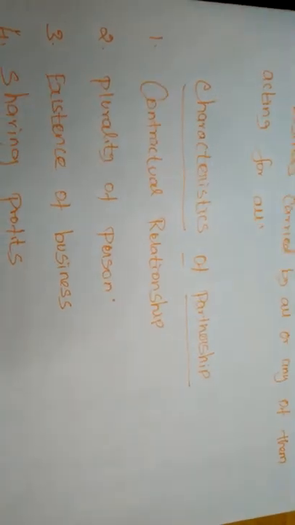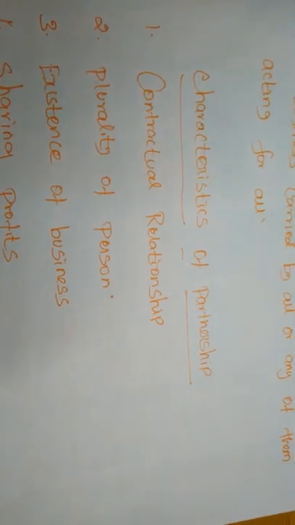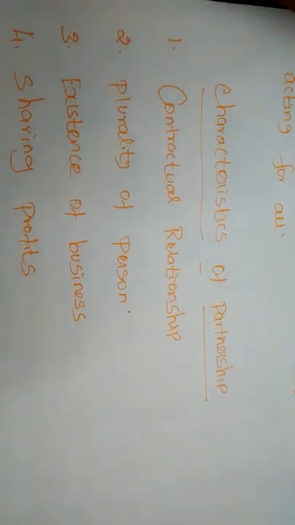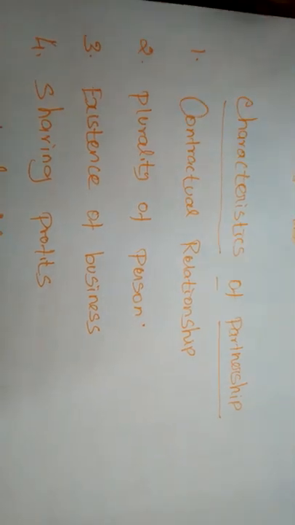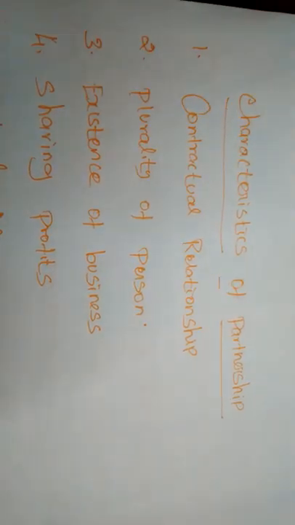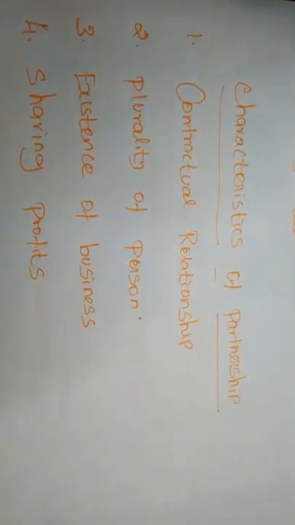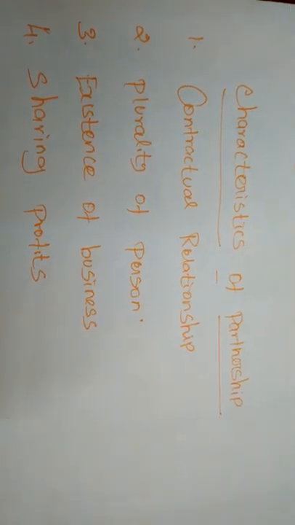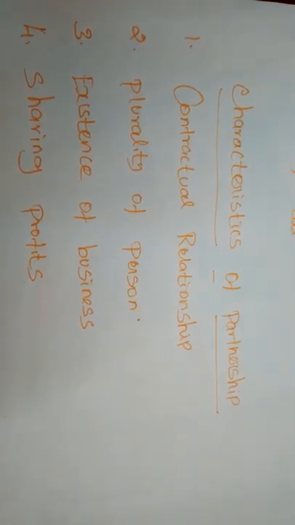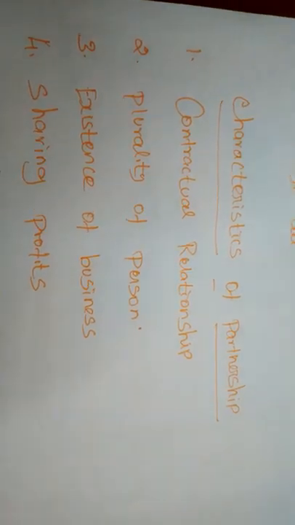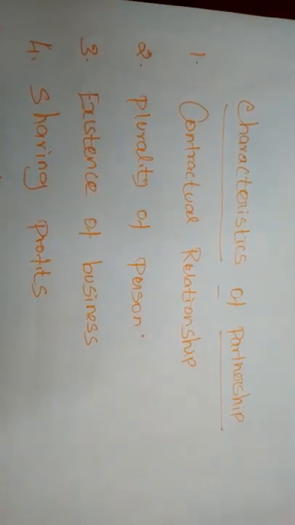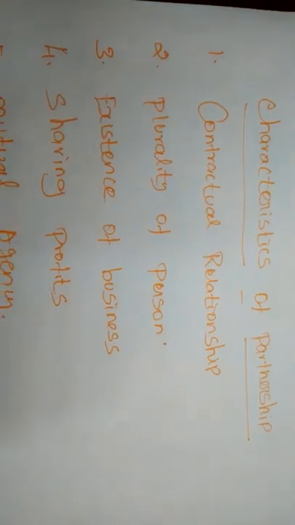Here also there are some characteristics. The first characteristic of partnership is the contractual relationship. Contractual relationship means the partnership is the result of an agreement. Before signing the agreement, one has to understand all the rules and regulations of the partnership.